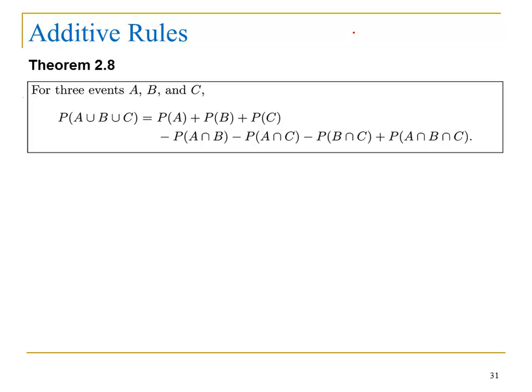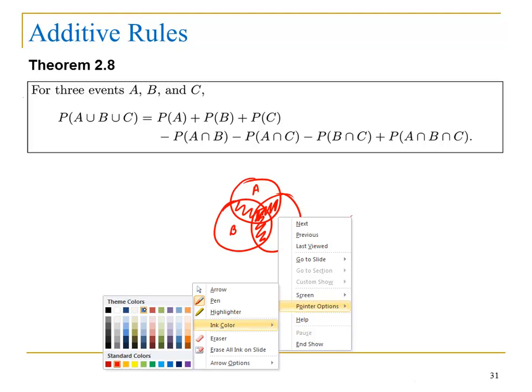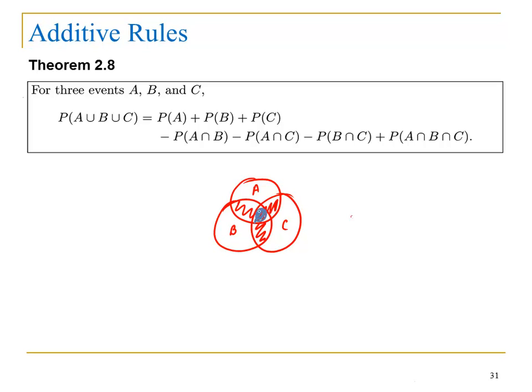So this is for the case in which you have A, B, and C. If you subtract this intersection, this intersection, and this intersection, then you will not have this part of the probability in your expression.